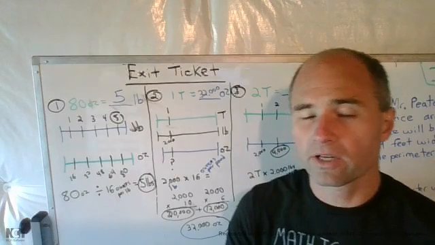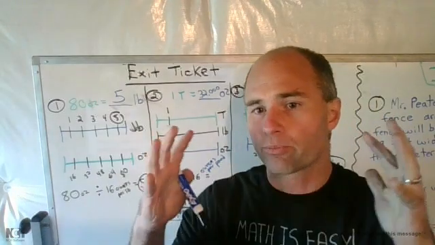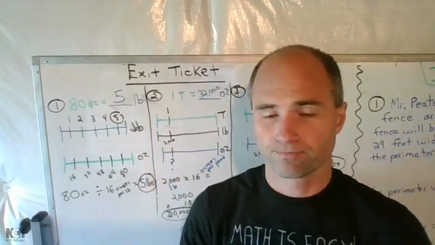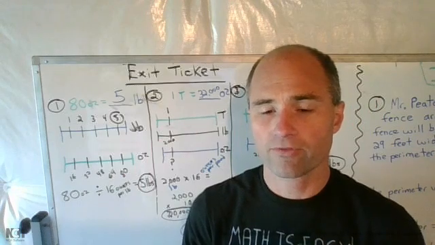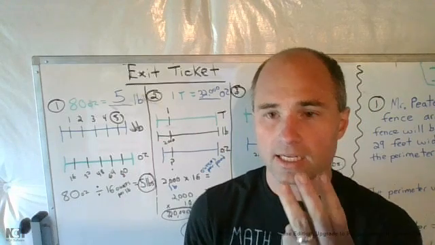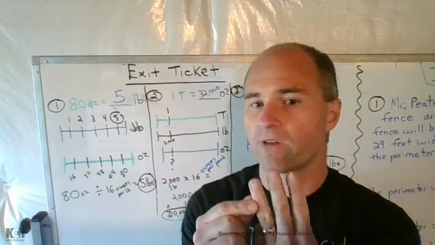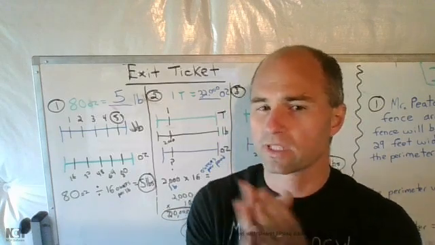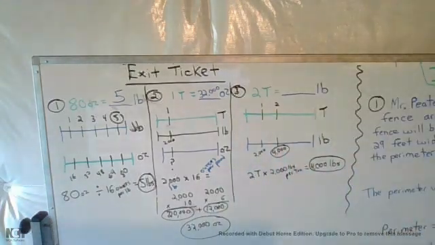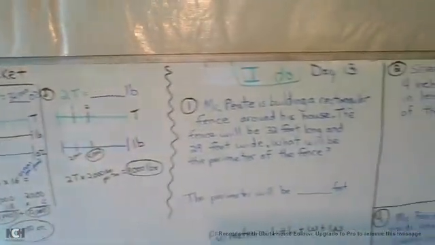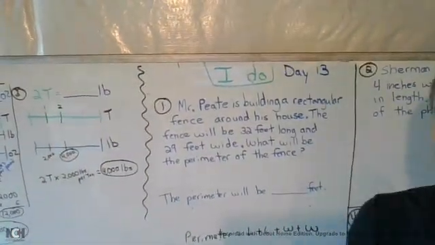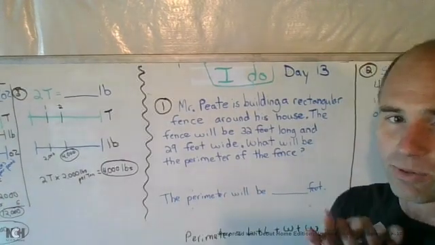All right, so we are going to get some real world problems today. And in doing that, we're going to be focusing on 3 concepts: area, perimeter, and volume. Ooh, something different. All right, so let's look at this first problem.